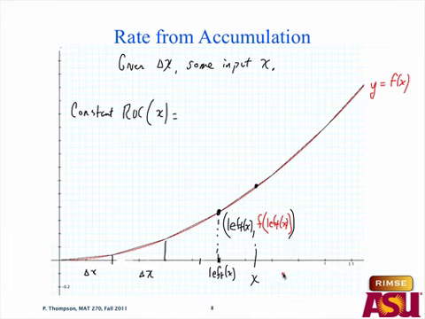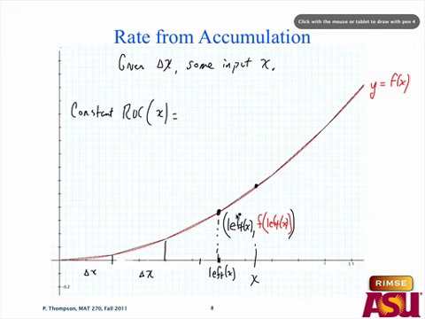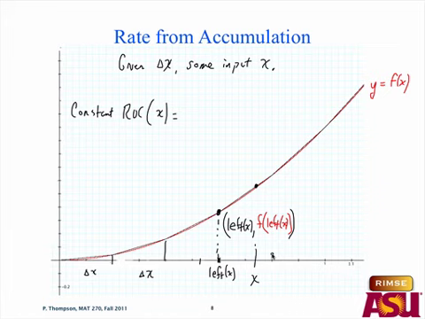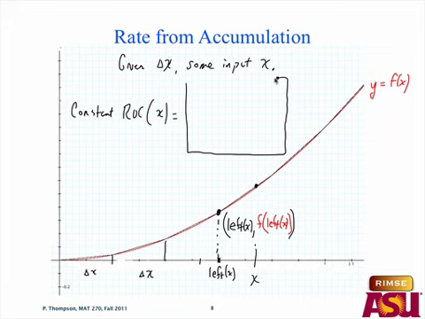So now what do we need next? How are we going to get the rate? Can we get the rate just from this one point? So in general, this rule to calculate the constant rate of change, what will that rule be? Just in a very general sense, what will it be to get the constant rate of change?